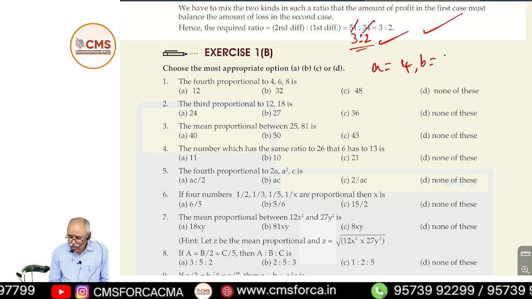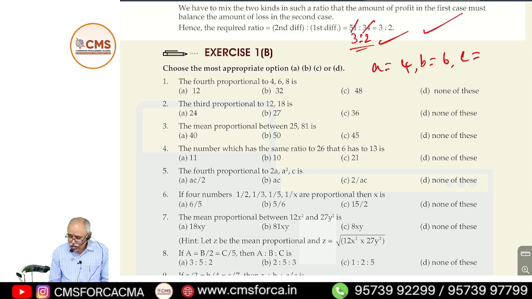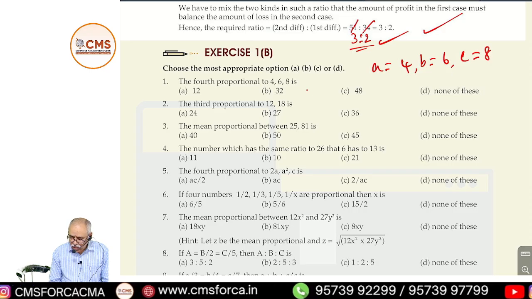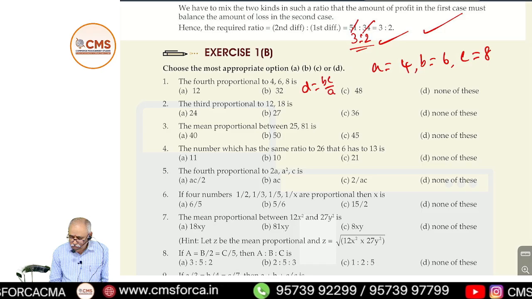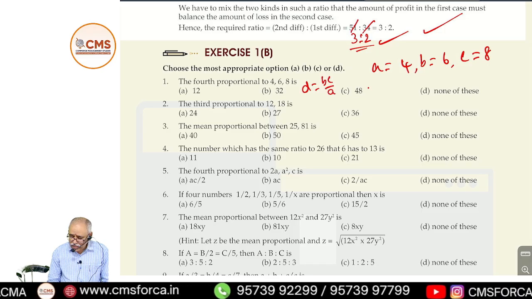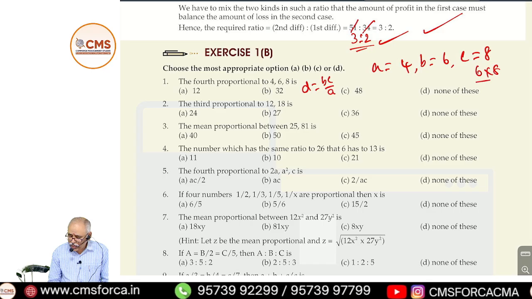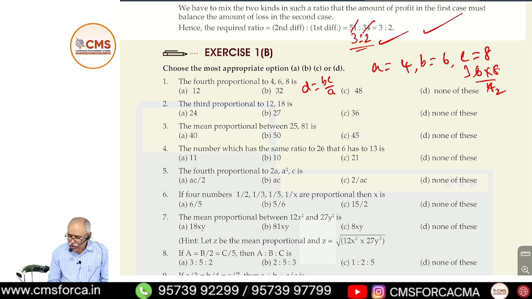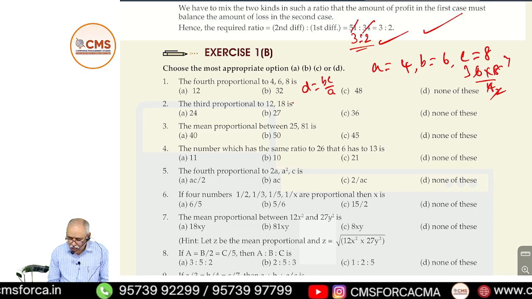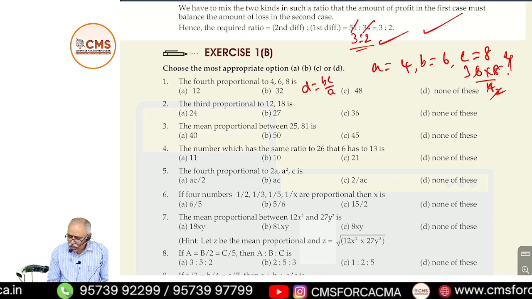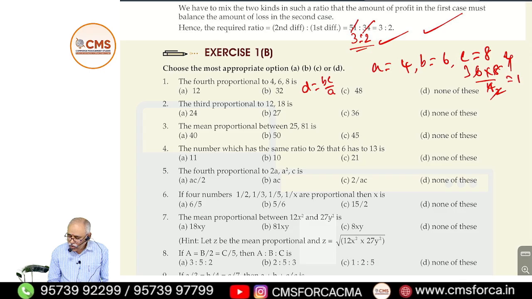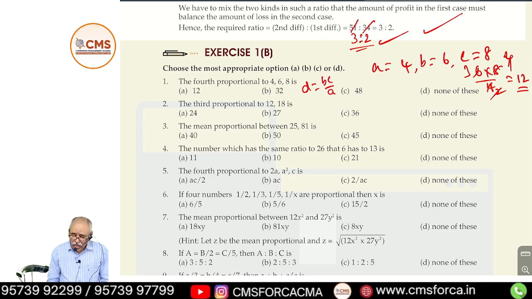What is B? 6. What is C? 8. Substitute: BC by A is 6 into 8 by 4. 2 2s are 4, 2 3s are 6, 2 4s are 8. So the answer is 3 4s are 12, right? Shall I write on the whiteboard?